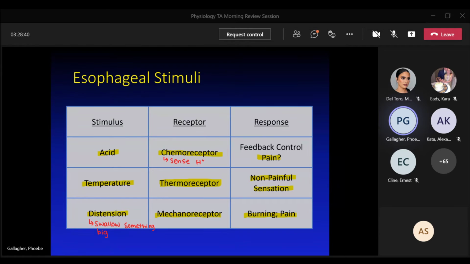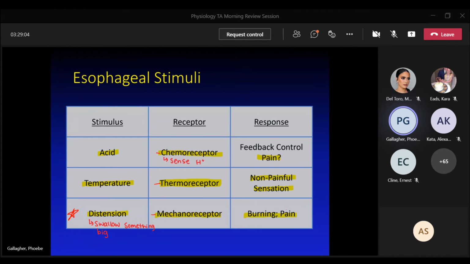Okay, so he mentions that your esophagus has chemoreceptors, thermoreceptors, and mechanoreceptors. I think the more high yield concept is the pain with distension, and I vaguely remember it being a question, maybe that or the cold pain.